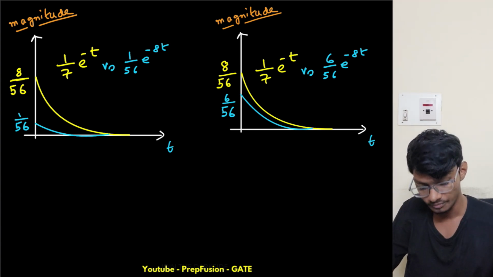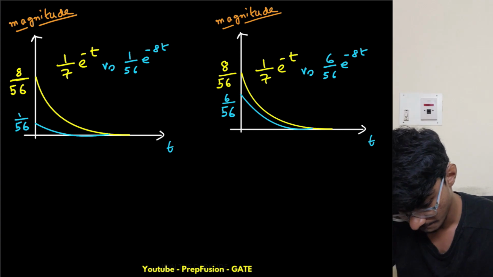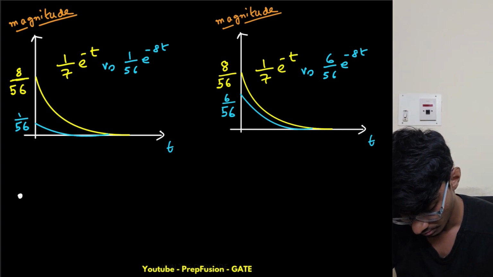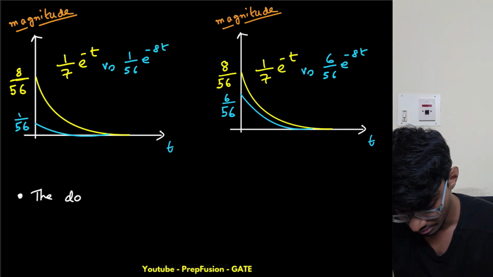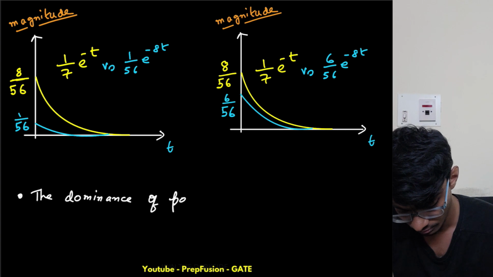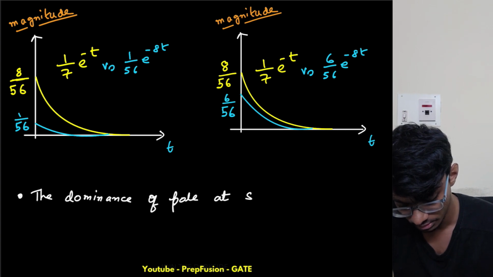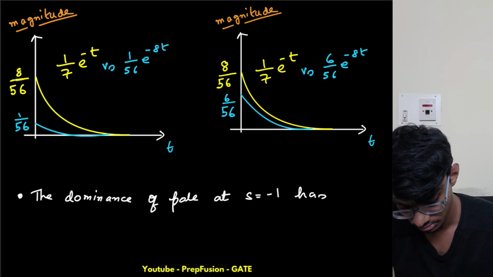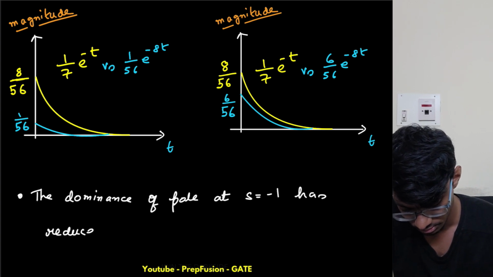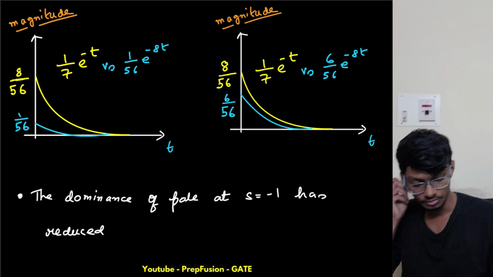Okay, so the dominance of the pole at s equals to minus 1 has reduced.